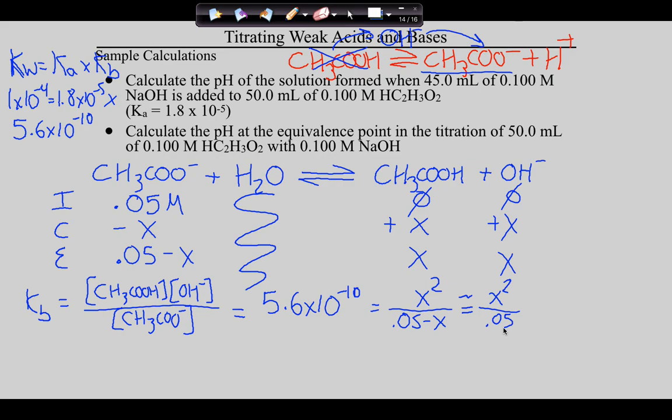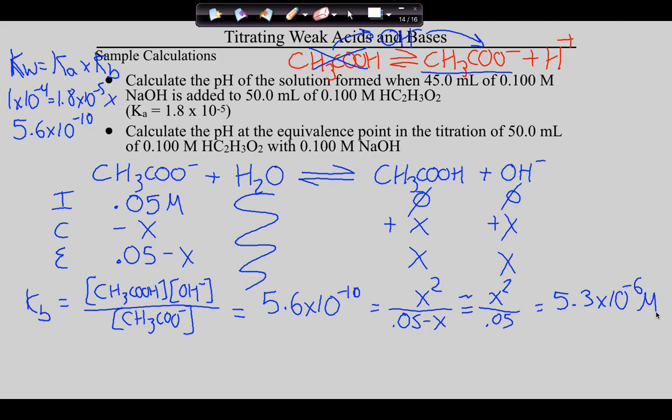So we have 5.6 times 10 to the negative 10th times 0.05. Take the square root, which apparently I can't find my, there's my square root button. And I get 5.3 times 10 to the negative 6. Do you buy that? Not yet. Is that number right? Am I okay?